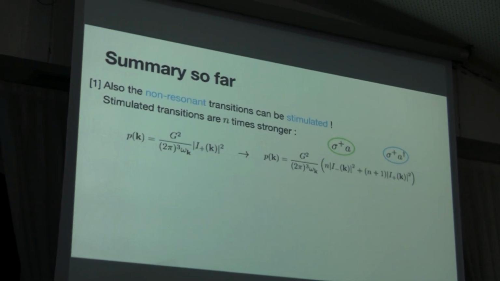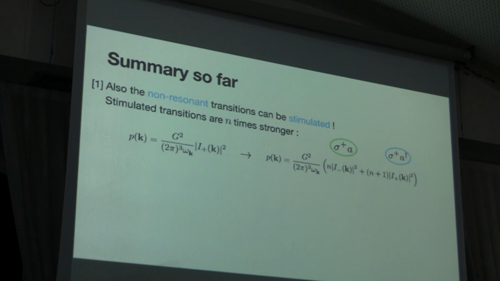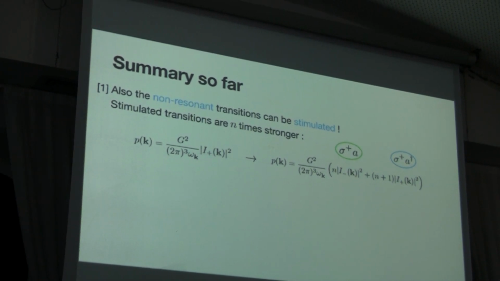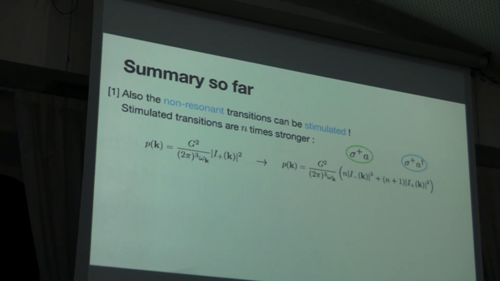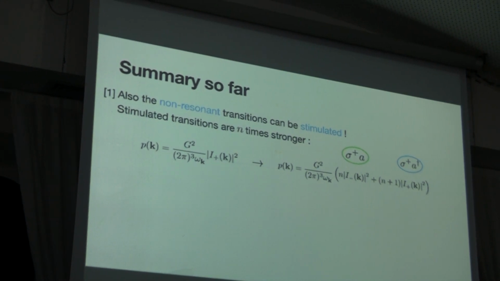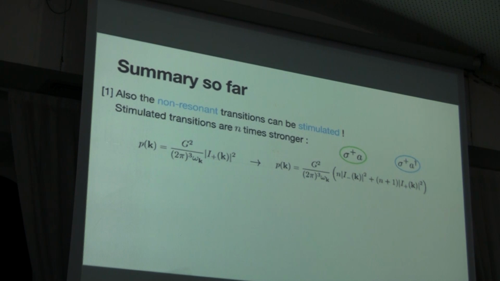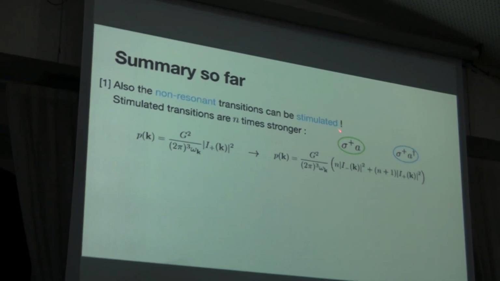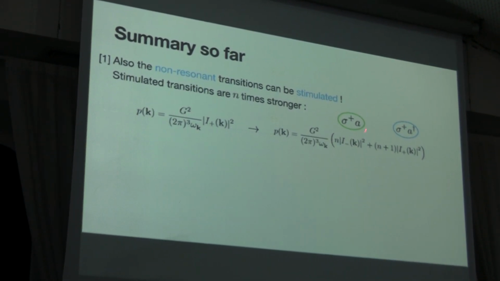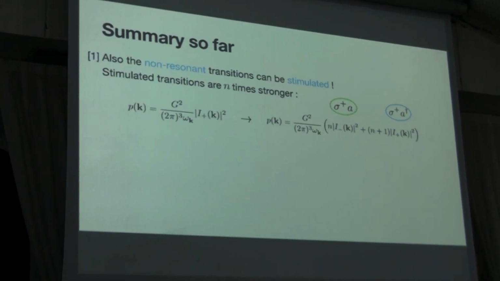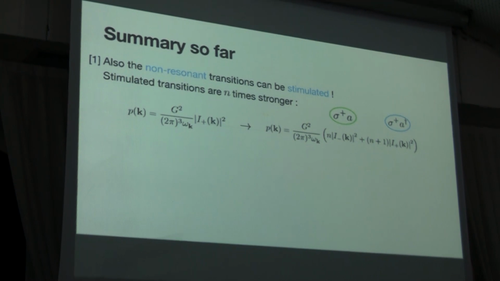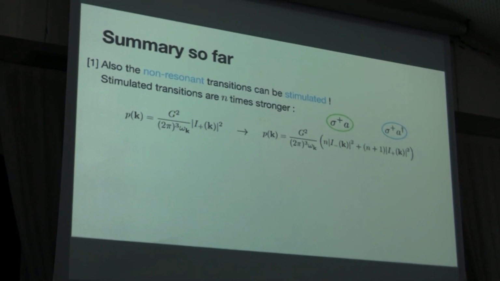So, summary so far, we are nearly at the end of the talk. We found that we can stimulate not only resonant interactions, but also the non-resonant ones. We found that this was a problem because then the resonant terms were also contributing, and they are still too strong, so they would be suppressing the Unruh type transitions.